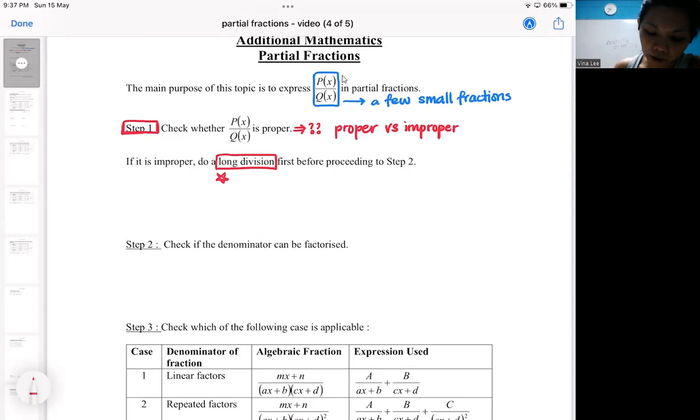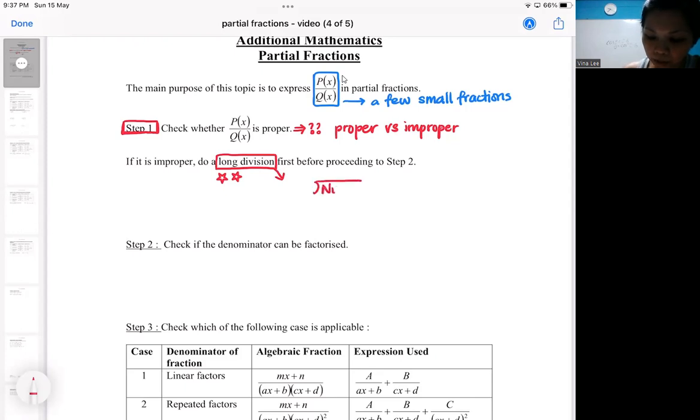If you fail to check this, and it turns out to be improper and you forgot to do a long division, the whole question is 0 marks. Okay, so in any case, if you realize that it's improper, you are going to do a long division in this way. The long division will look like this.